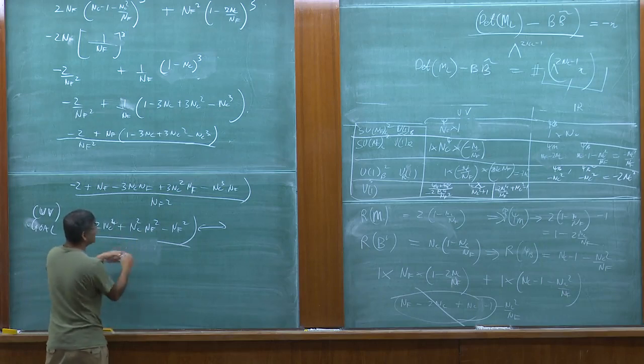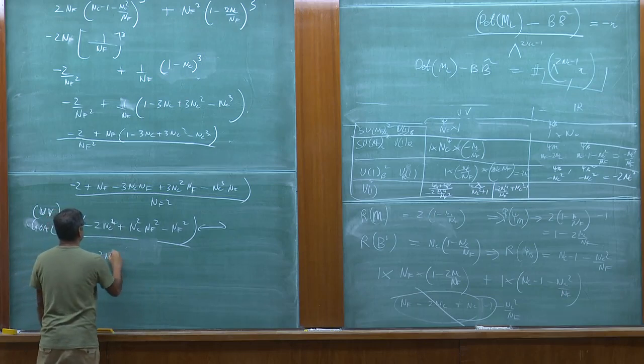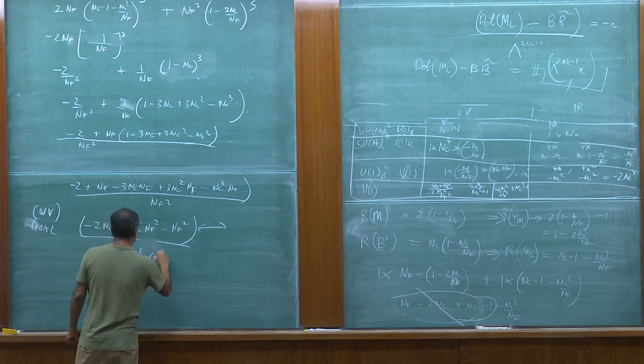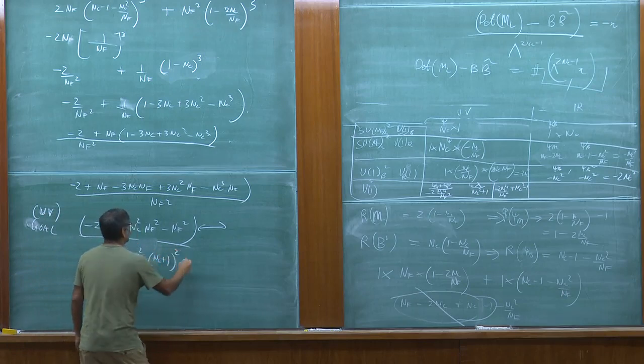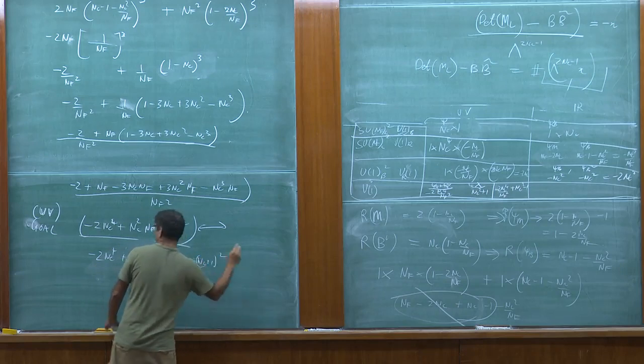I'll just write the UV thing entirely in terms of NC. Okay, so it's minus 2 NC to the 4 plus NC squared into NC plus 1, the whole thing squared, minus NC plus 1, the whole thing squared.